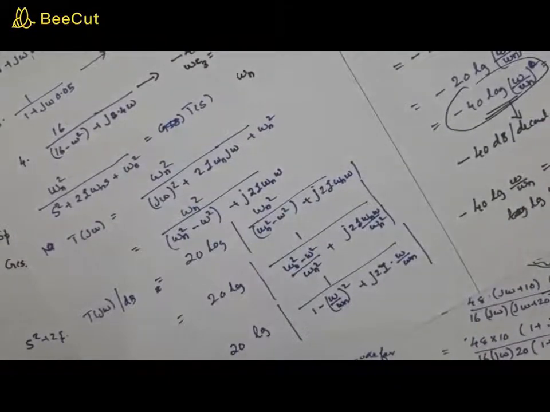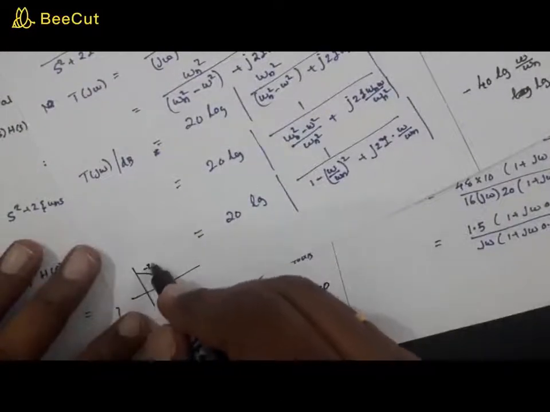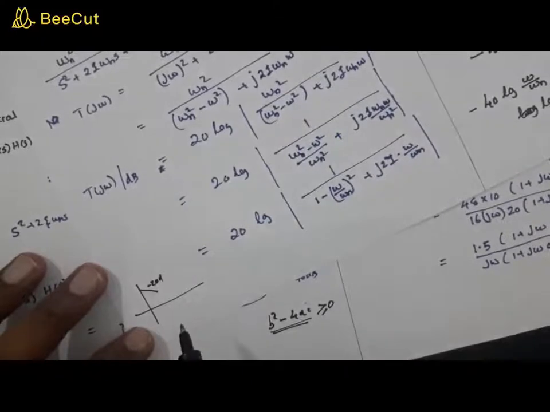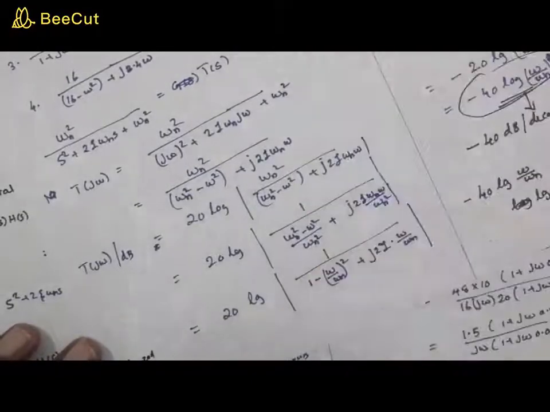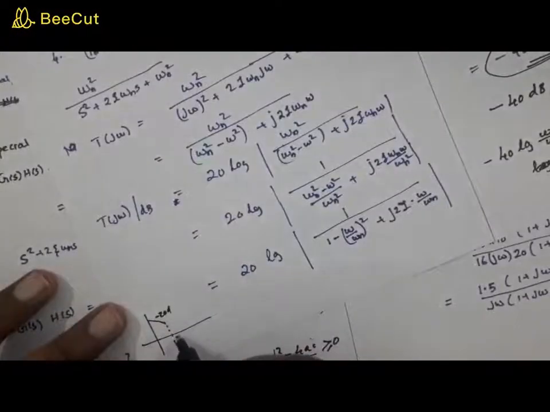Then at 4 radians per second, this offers a minus 40 dB, so already it's minus 20, so this has to go to minus 60 dB per decade.